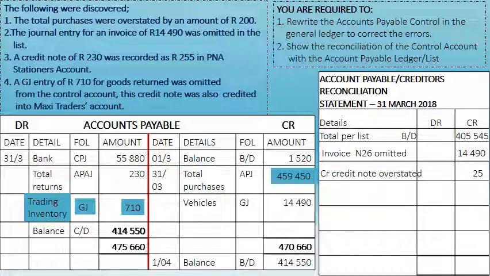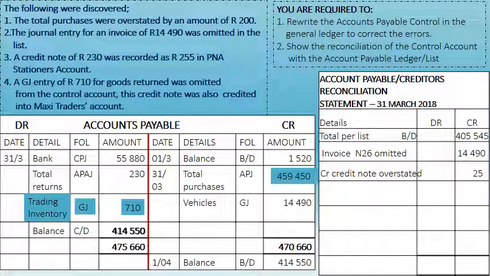This is a credit note which was also credited into Maxi Traders account. This credit in Maxi Traders account was in error because credit notes are not credited but debited. To correct the amount, the entry will be duplicated on the debit side.